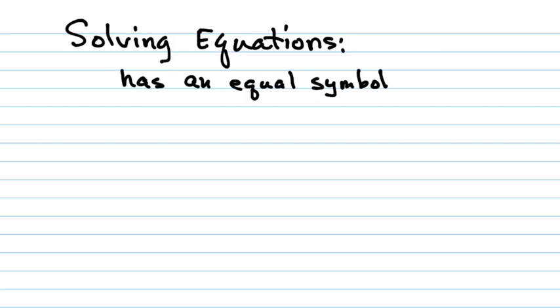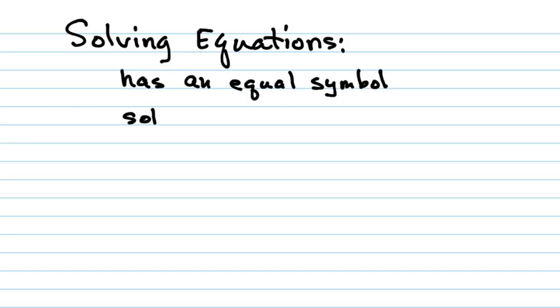But technically, what's a sign? Positive or negative, right? Those pluses and minuses are signs. The symbols, mathematical symbols, that's what an equal symbol is. Okay? So it has an equal symbol. And remember that we can solve equations, but we can't solve expressions. Expressions we might be able to simplify, which means do a little math, right, and make it smaller, but we can't solve it. But we can solve an equation.